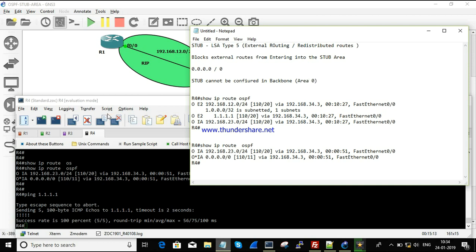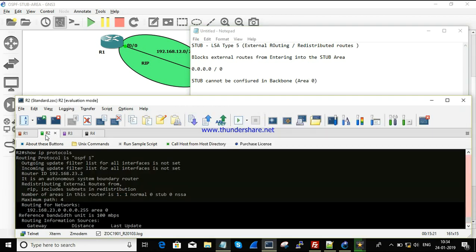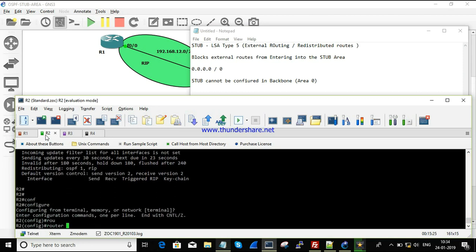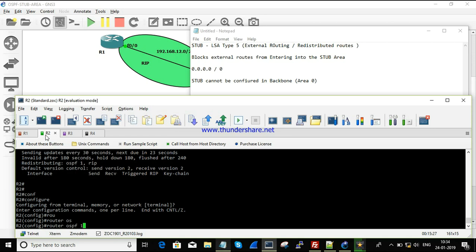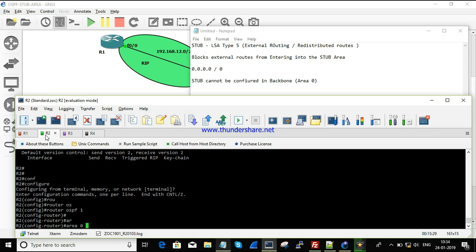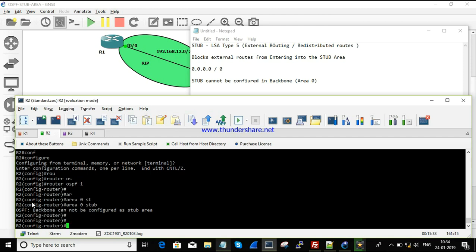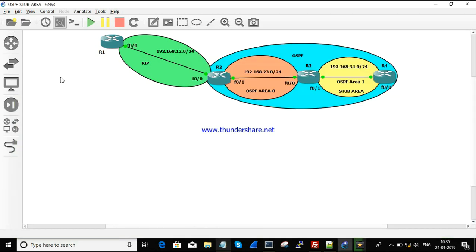If you want to check, I'm going to configure it now here. You can see, in router OSPF 1, area 0 we can try to make a stub. If you try to configure it, you can see this console message: backbone area cannot be configured as a stub area, which means area 0 is the default backbone for all the OSPF information.